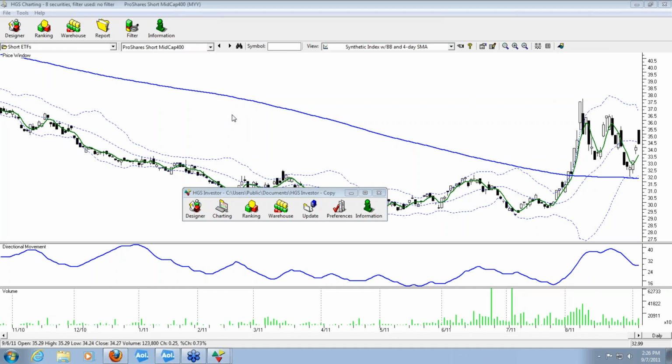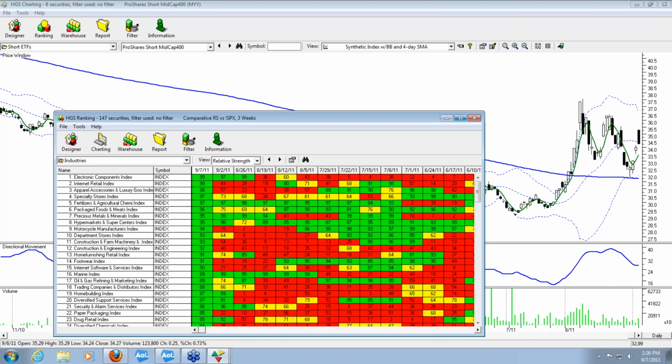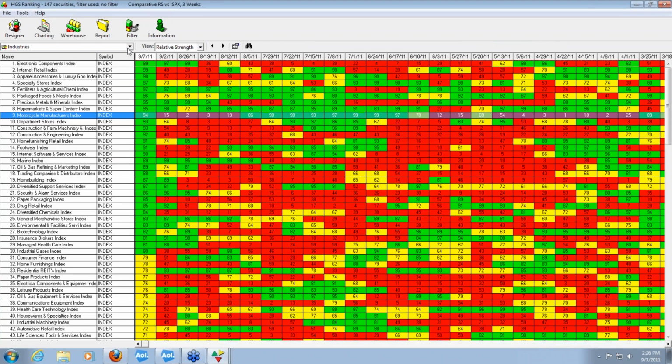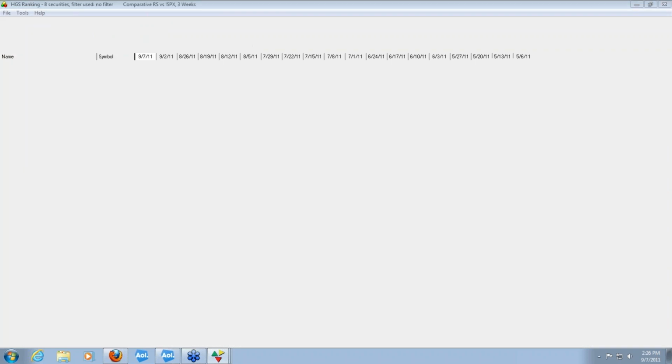Well, the easiest way to do that is click on the ranking module, and when it's done doing its thing, go to user group, and let's use the long ETFs.